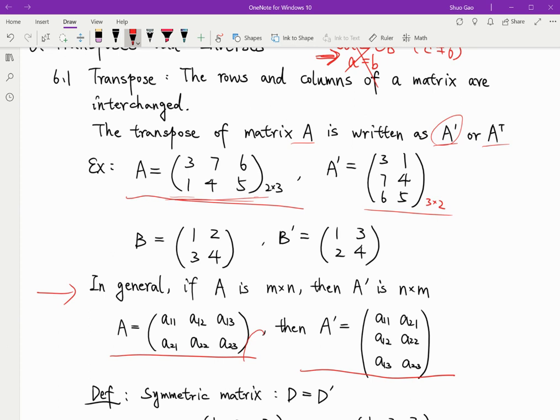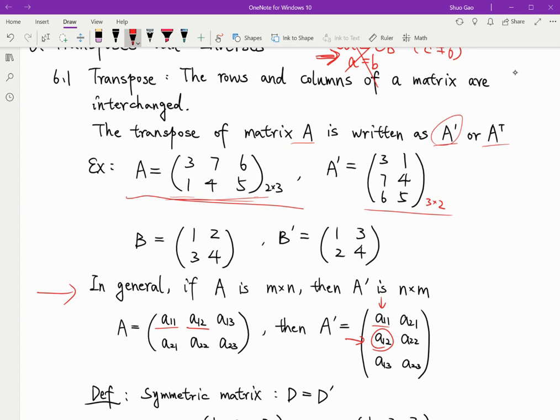So the original A11, the first element in the matrix A, is again the first element in the matrix A prime. But the original A12 lies here, right? This is the second row and the first column of the matrix A prime.